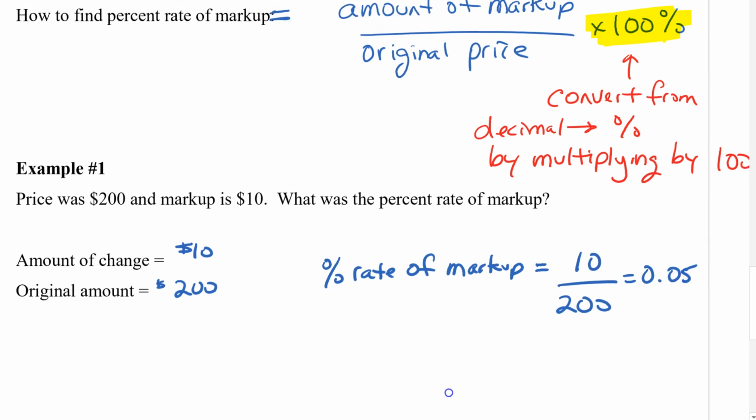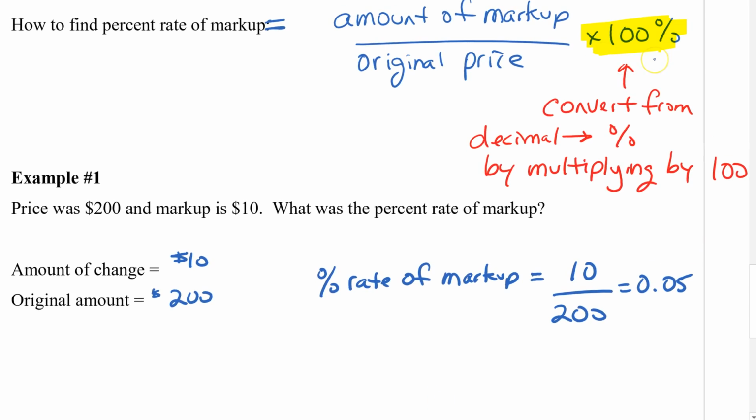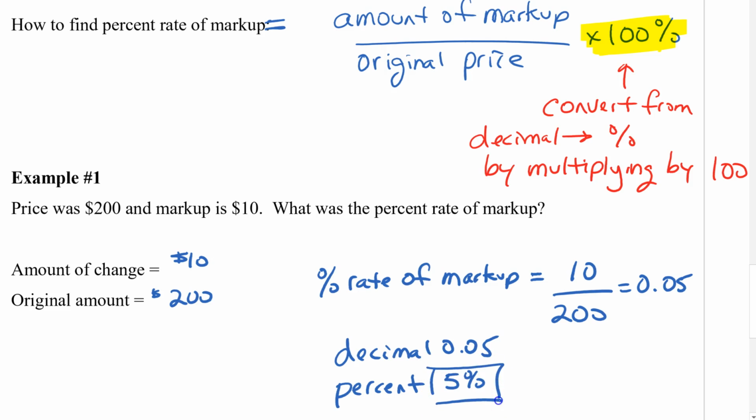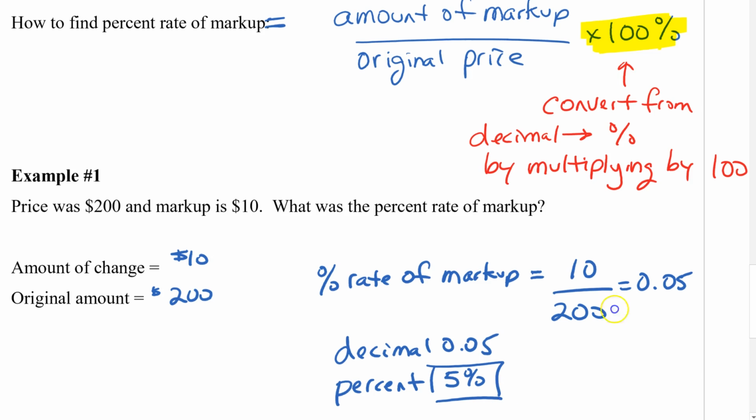Now we're almost done, but now we got to do that multiply by 100 business. So if the decimal is 0.05, then the percent version of that is after we multiply by 100. In other words, we move the decimal over 2 places, 5%. Okay, same amount that GST would be.